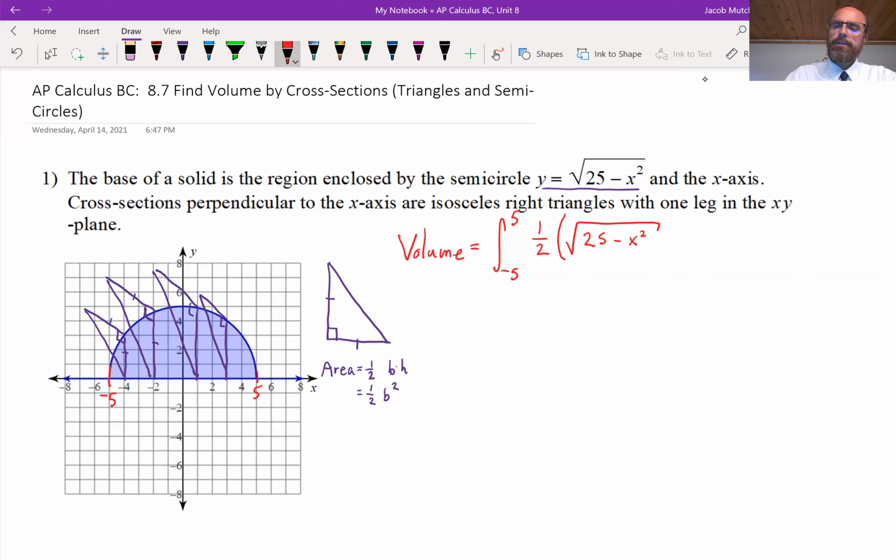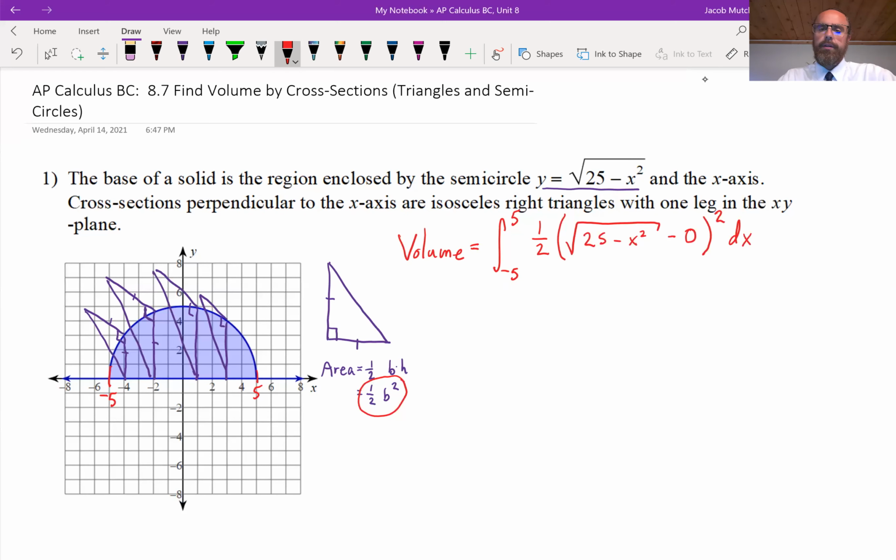If I wanted to, I could say minus 0 to represent the x-axis. Since we are integrating from left to right, our functions need to be the upper one minus the lower one. And then according to my area formula for the right triangle, that's base squared, and then I'll put dx. So that sets up the integral.